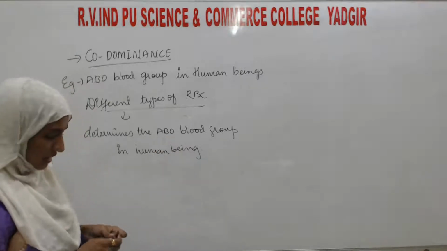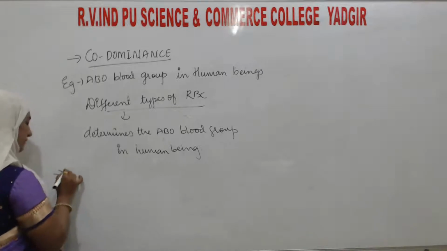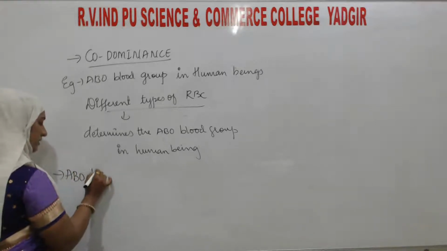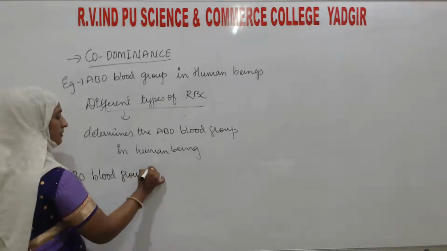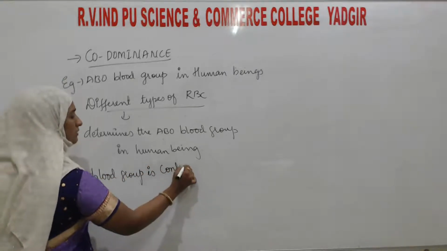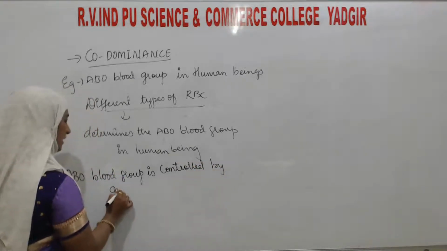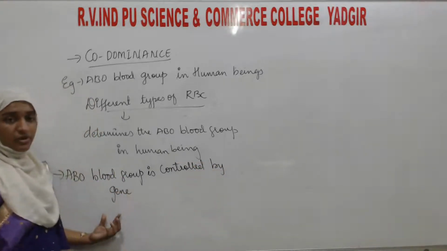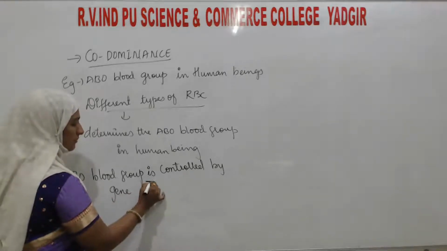So here, ABO blood group is controlled by one gene. And what is that gene? That is very important. And that gene is denoted as the I.